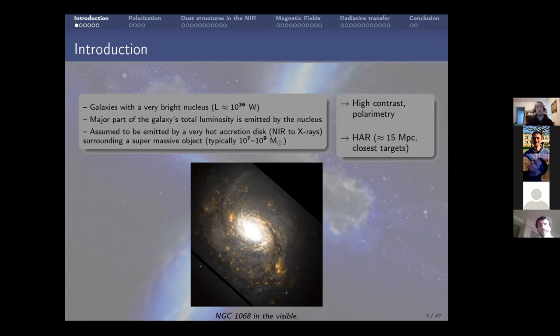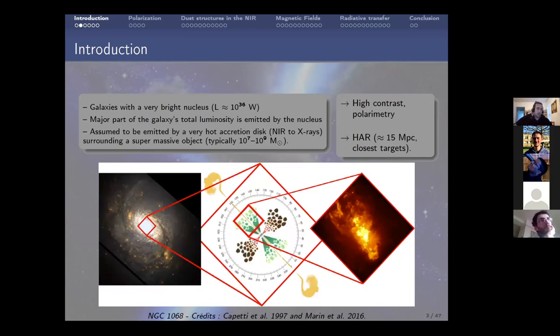This luminosity is assumed to be emitted by a very hot accretion disk close to the very center of the AGN, surrounding a supermassive object, typically a black hole of mass between 10 to the 7 and 10 to the 9 solar masses. Here is a rapid sketch of the very innermost region of the AGN. We have been working a lot over the past 30, 40 years even, to understand how these physics work.